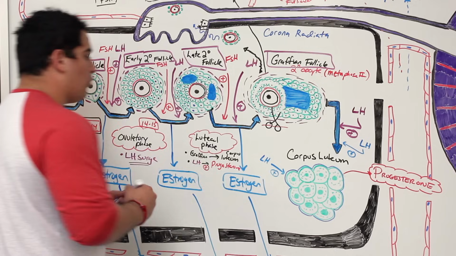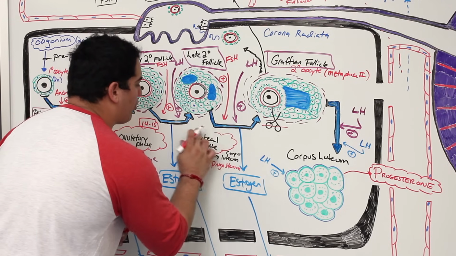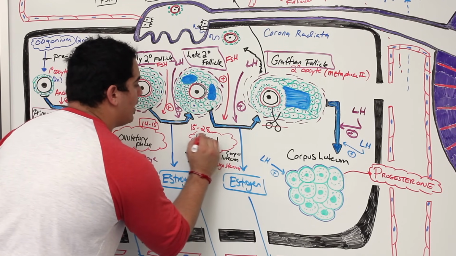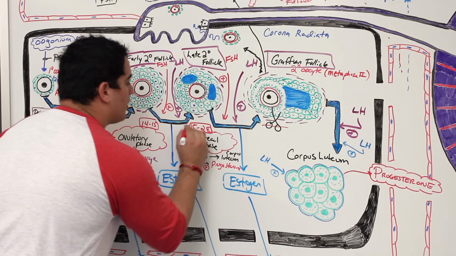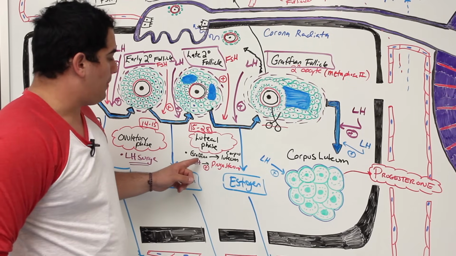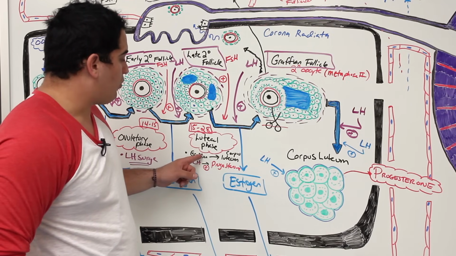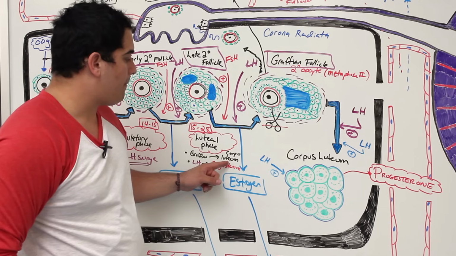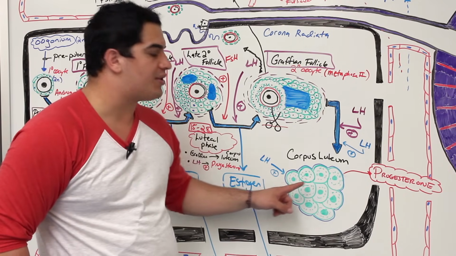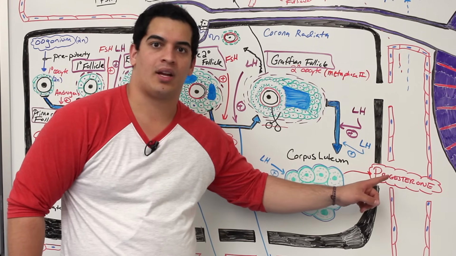So again, on normal, the luteal phase is generally approximately about days 15 to 28. All right? And the luteal phase is going to be what happens when the Graafian follicle that ruptured gets converted into the corpus luteum, and then the luteinizing hormone stimulates the corpus luteum to produce progesterone.